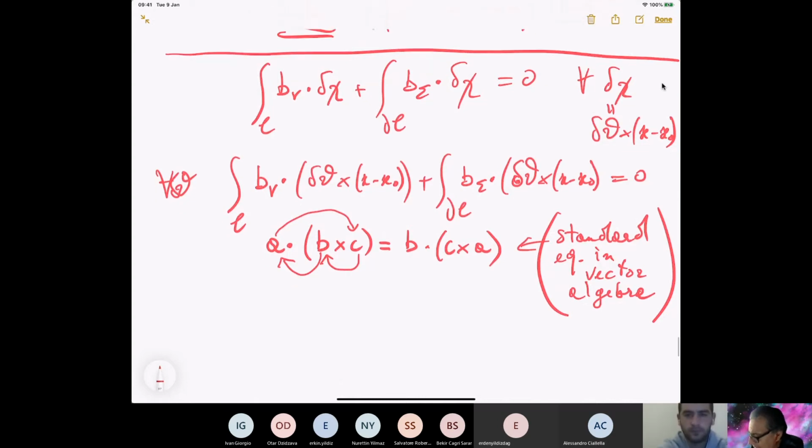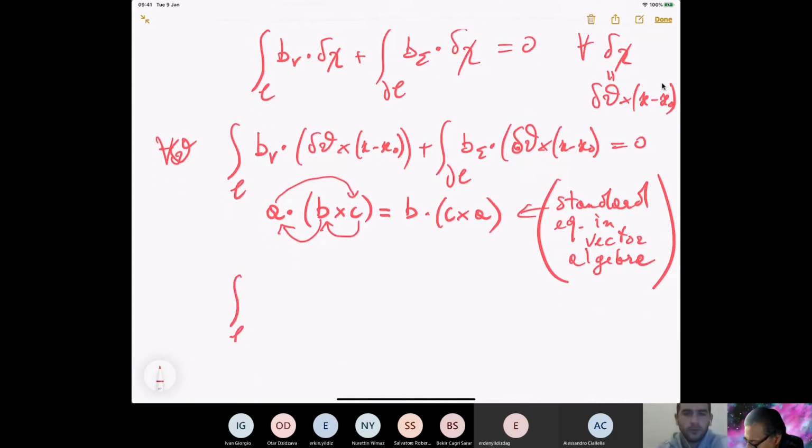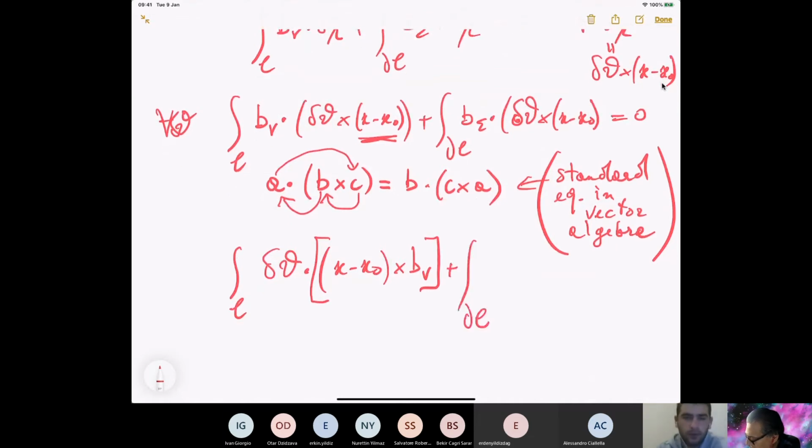So if you accept this, you get integral over C of, I place this at the beginning, delta theta dot x minus x0 vector BV plus integral on the boundary of C of delta theta dot x minus x0 vector B sigma.